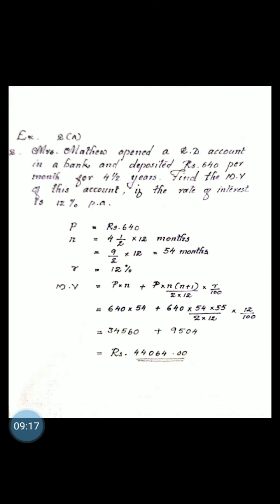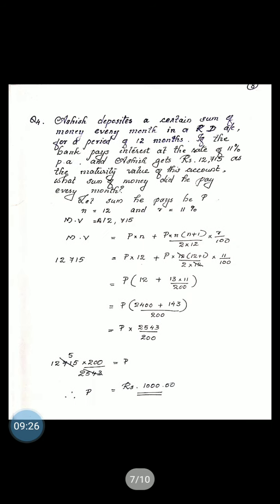Listen, the question is: Ashish deposits a certain sum of money every month in a recurring deposit account for a period of 12 months. If the bank pays interest at the rate of 11% per annum and Ashish gets rupees 12,715 as the maturity value of this account, what sum of money did he pay every month?